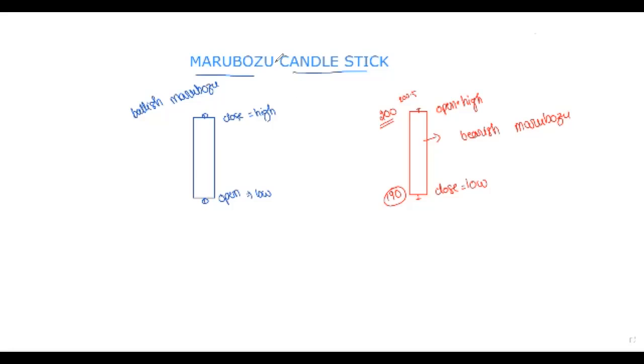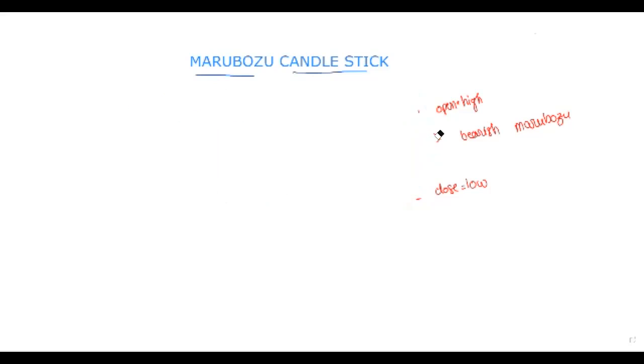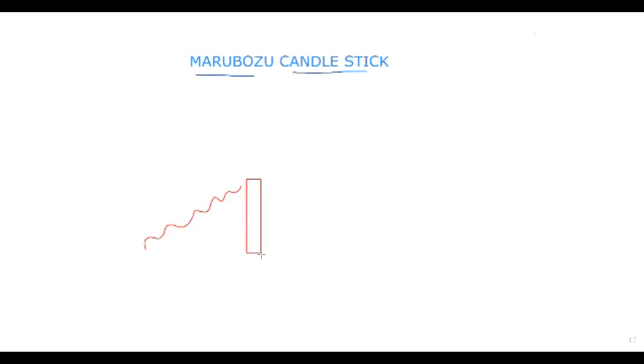What is the important usage of the Marubozu candlestick? We will see now. Everyone knows about the trend. Suppose the stock is going like this, an uptrend, and here one bearish Marubozu is formed.